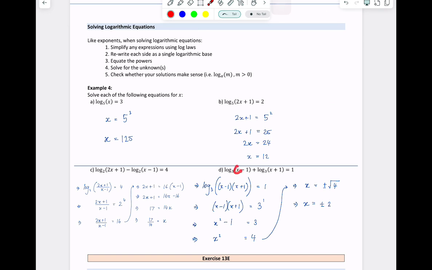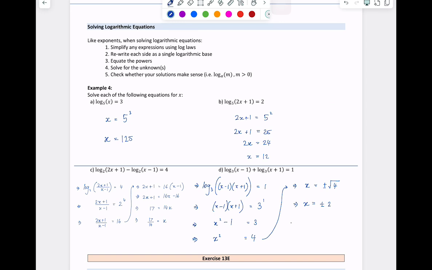So if we put in a positive 2, 2 minus 1, that's positive 1, that's fine. 2 plus 1 is 3, positive 3 is absolutely fine. However, if we put in a negative 2 now, negative 2 minus 1, that's negative 3. Inside the bracket here is a negative number. That fails the entire equation.